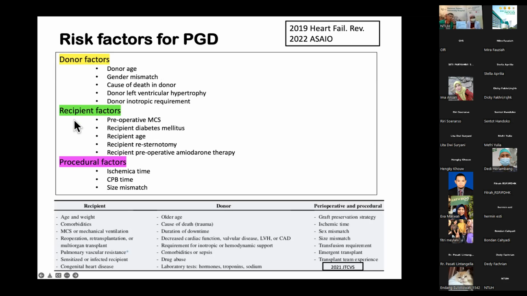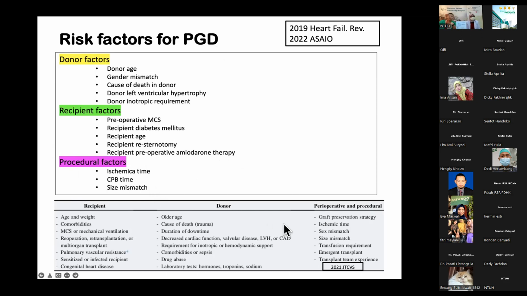So the risk factor of graft failure also depends on the recipient factor, including patients who had ECMO support before, age, redo sternotomy, or very poor condition, and also some procedural factors, including the ischemia time, bypass time, and size match.